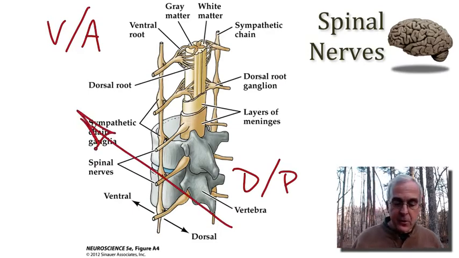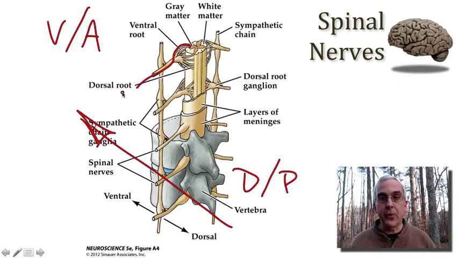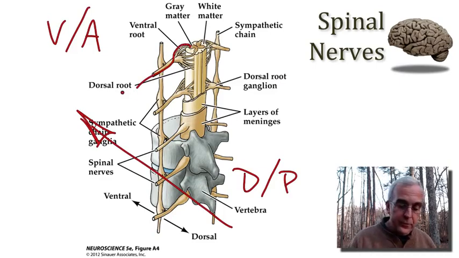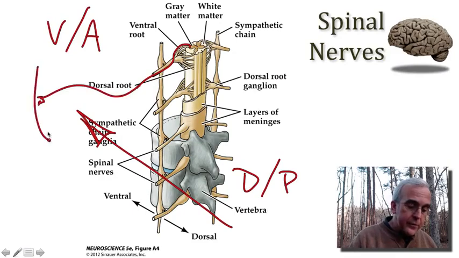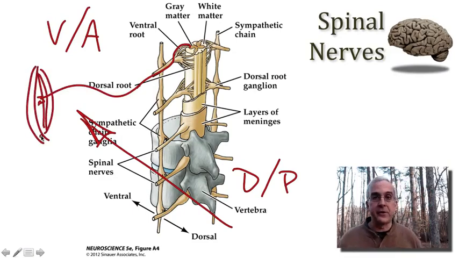Okay? So then it makes sense to recognize a ventral root that's coming out of the ventral horn of the spinal cord. This ventral root is going to send signals out to striated muscle, and these are motor signals leading to the contraction of those muscle fibers.